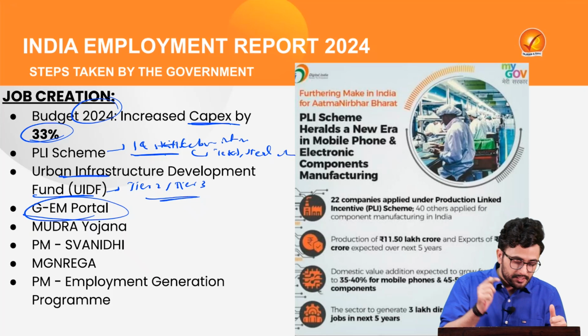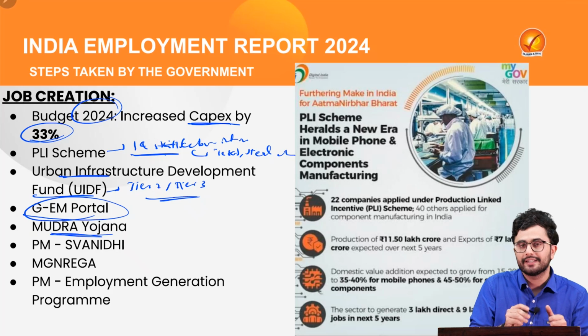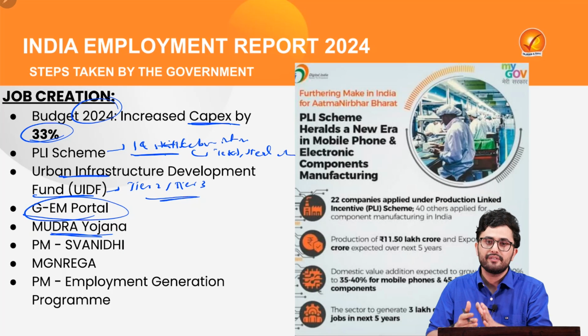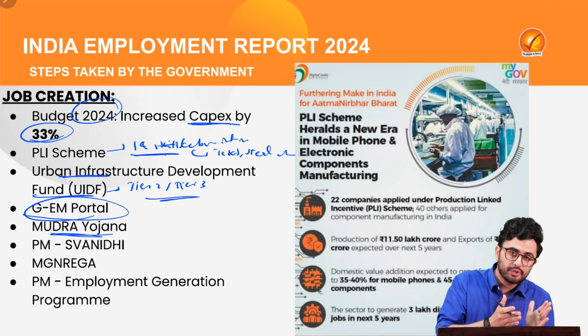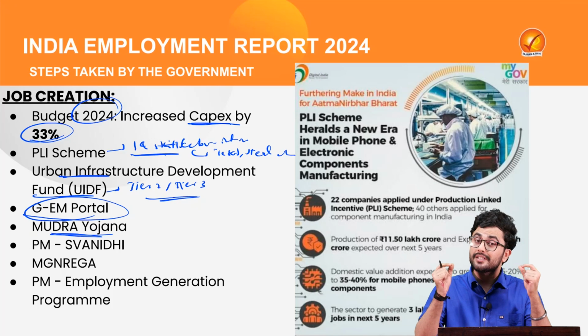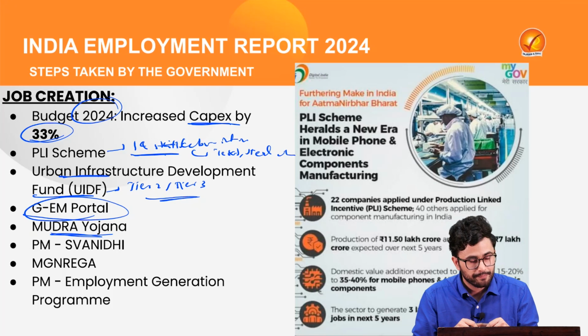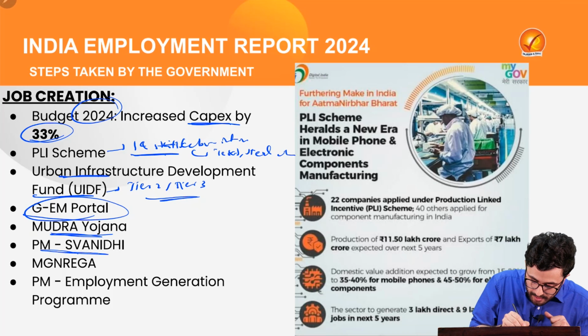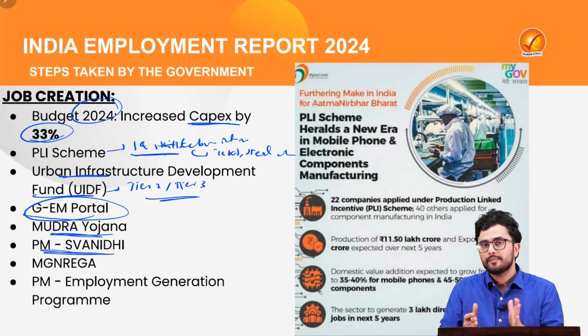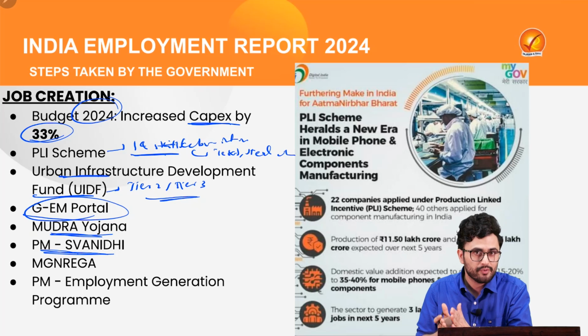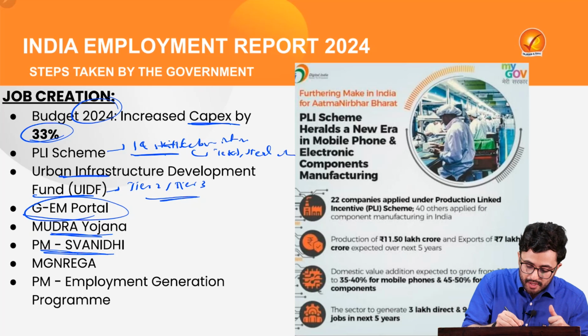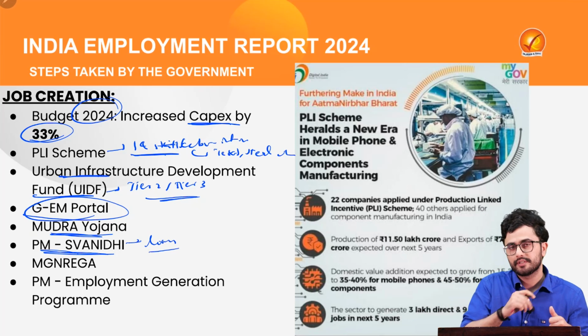At the same time, the government has provided incentives and financial loans under Mudra Yojana to promote the startup culture in our country. Then, a similar kind of incentive is PM Swanidhi for the street vendors to provide them collateral-free loans.